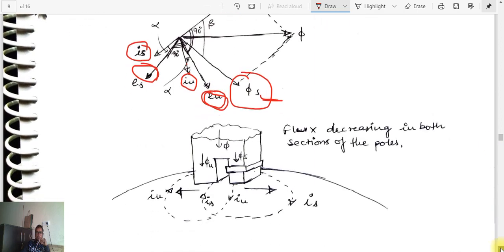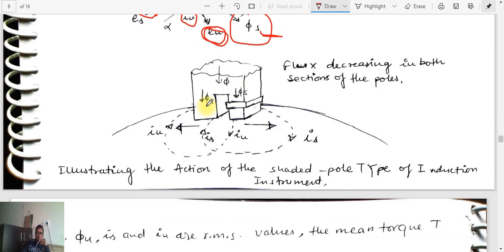We can check here, this is the flux entering this side, this is phi u, and by Lenz's law, this will be the eddy current generated from phi u.